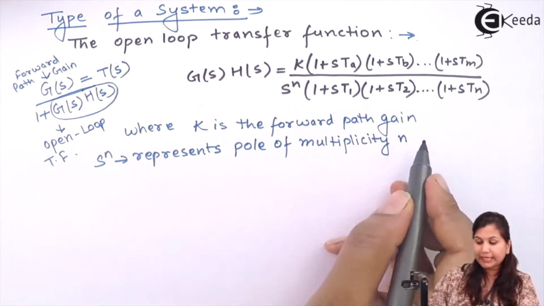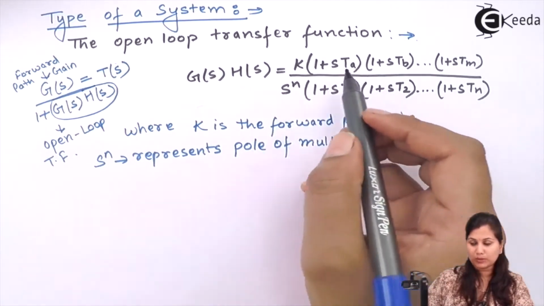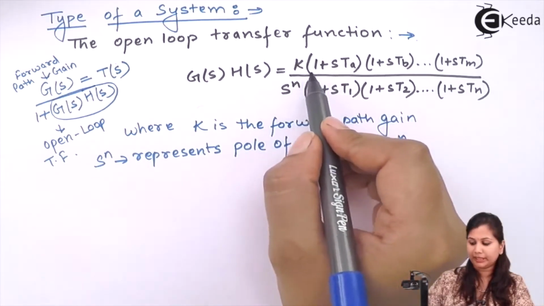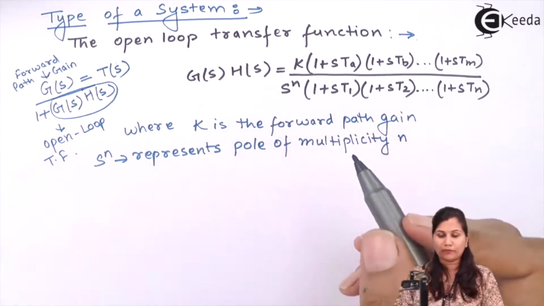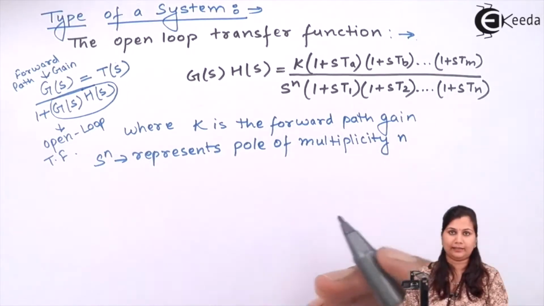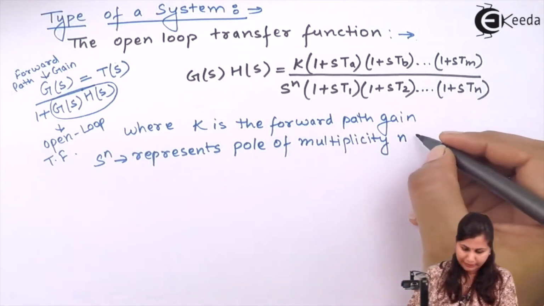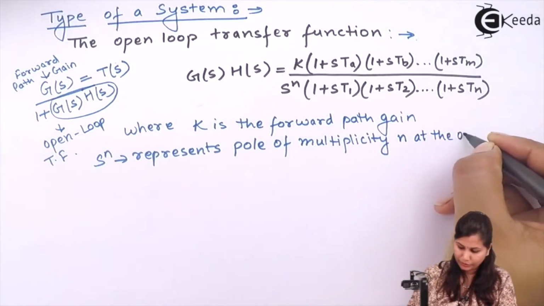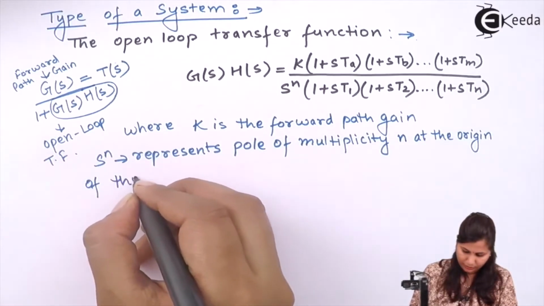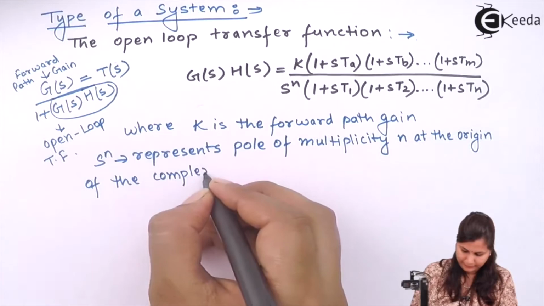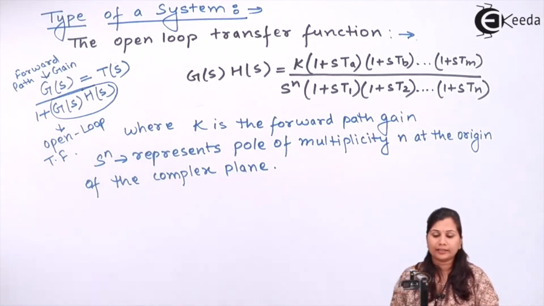The factors of the denominator polynomial are known as the poles, and the factors of the numerator polynomial are known as the zeros of the system. So this is one of the poles of the system which has multiplicity n. That is, there are n poles at the origin of the complex plane.